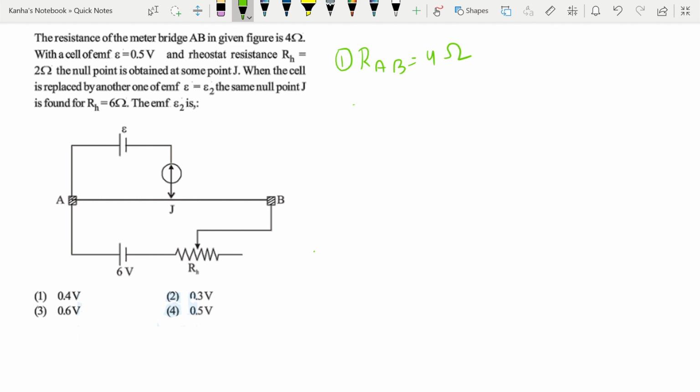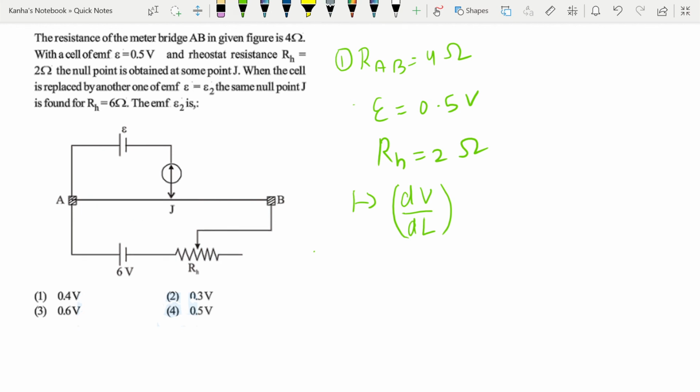First of all, you just write whatever is given to you. In the first case, your EMF is 0.5 volts, and your rheostat is given to be of 2 ohms. The first step that you will do is find the potential gradient of the wire AB, because that will be used to find the resistance in the AJ length.